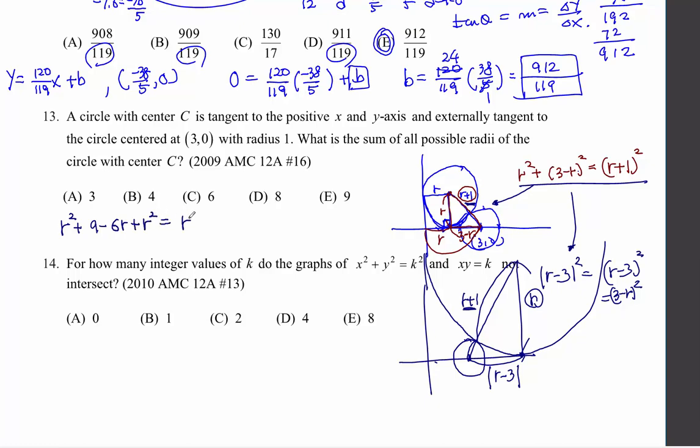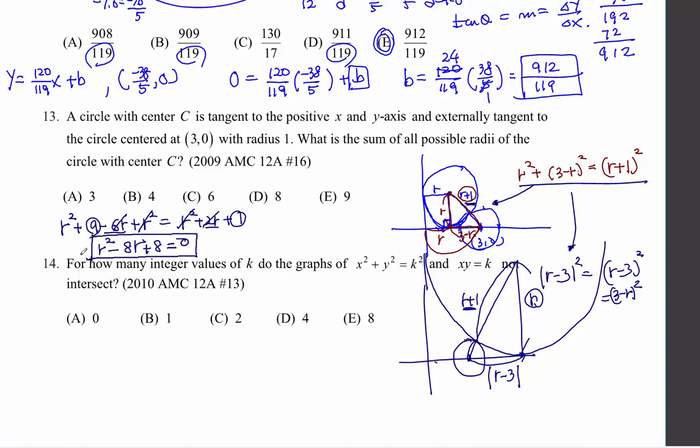The right hand side is r squared plus 2r plus 1, isn't it? We got r squared on both sides, so r squared is out. So simplify: negative 6r, negative 2r, so negative 8r, isn't it? So 9 minus 1 is 8. Minus 8r plus 8 equals 0, okay? That's fine.